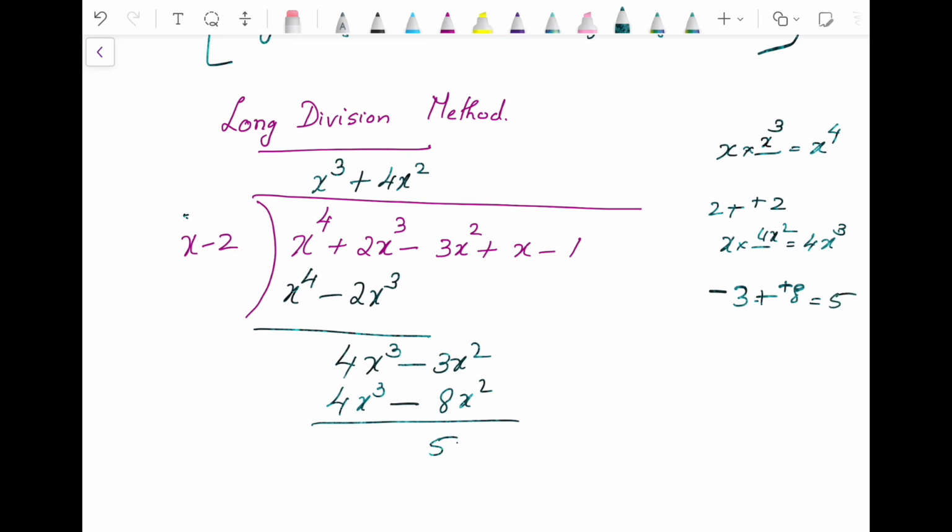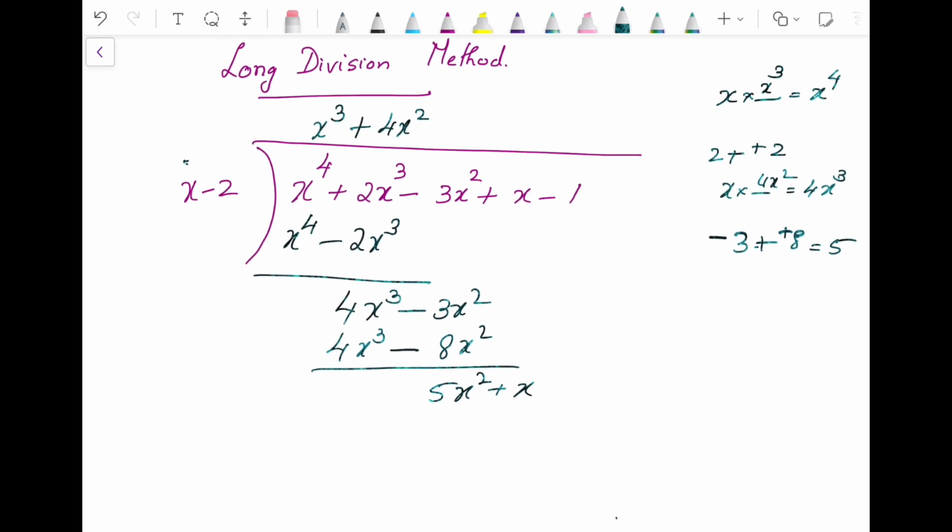Do this separately till you become comfortable, where you can do it mentally, because initially you will tend to make mistakes. So, x into something is equal to 5x squared. So, 5x is what you have to multiply. So, plus 5x. You have to be careful with the signs also, plus and minus. So, 5x into minus 2, so minus 10x.